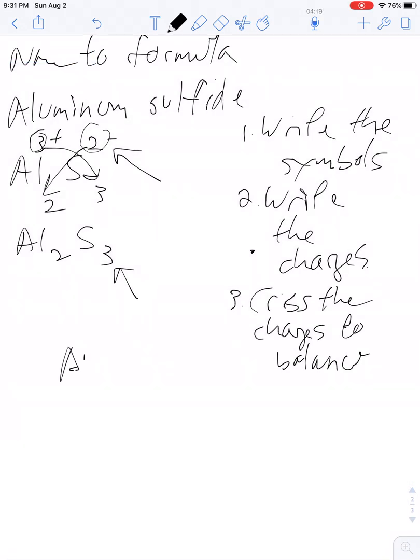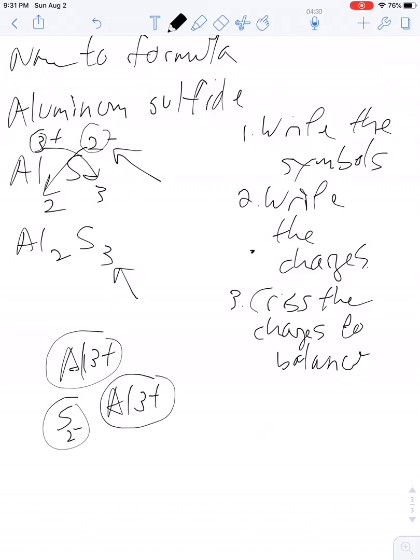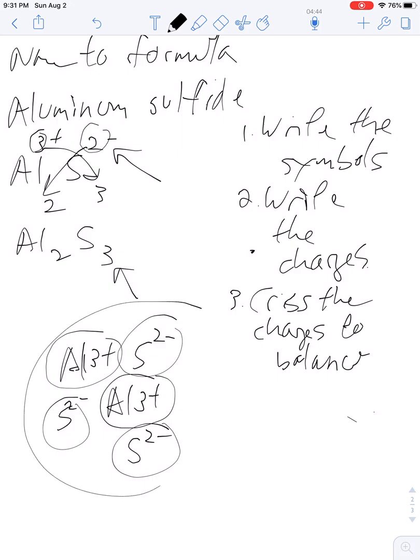So I've got 2 aluminums, each with a 3+, and I have 3 sulfurs, each with a 2-. So I have 6 positive charges and 6 negative charges, so that whole thing balances out to 0.